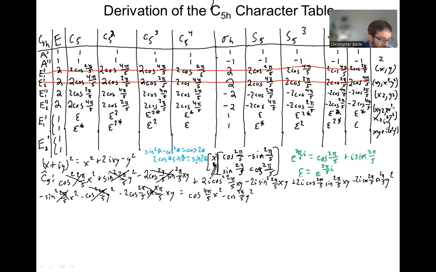So since we have 4 of them, we have 2 sine 2 theta, and they're both negative. So we're going to have -2 sine 2 theta, where theta is equal to 2 pi over 5. So -2 sine 4 pi over 5. Things sort of simplify. We're getting everything into 4 pi over 5. And then a very similar thing is going to happen with our 2i cosine squared 2 pi.